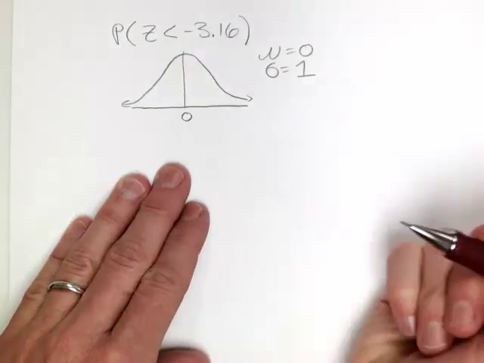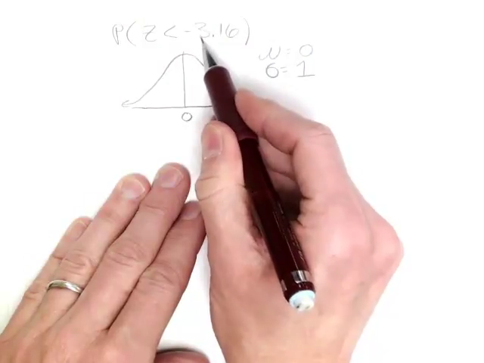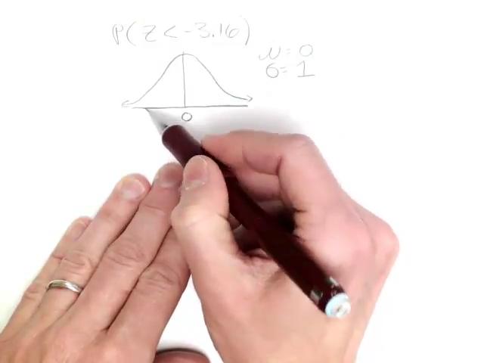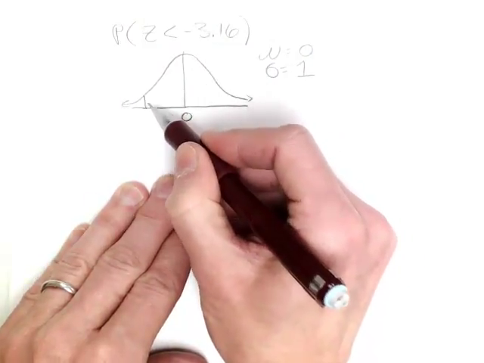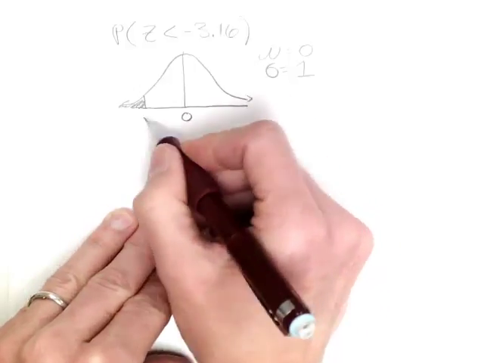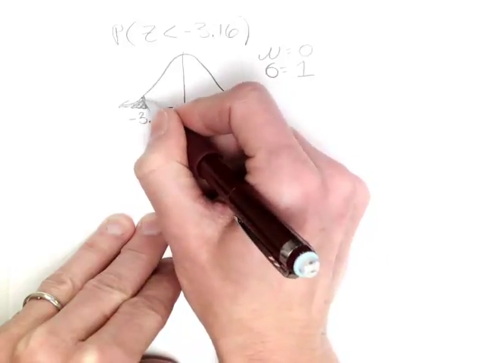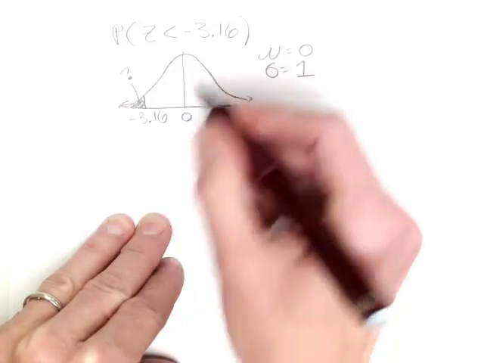That's essentially what this is asking. Since this is negative, I want to be down here in this lower half. So I'm going to be shading this little bitty tail and putting in 3.16. This is the area in question.